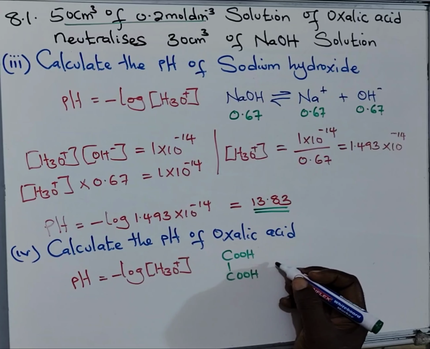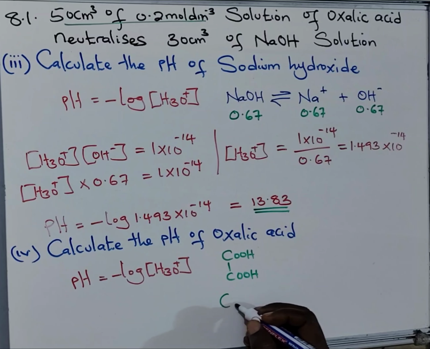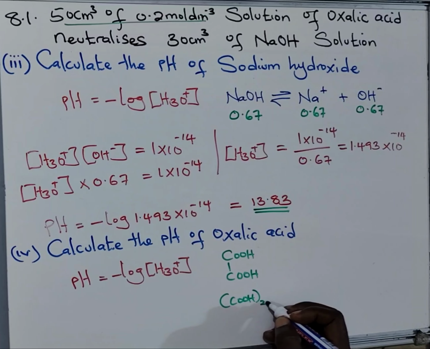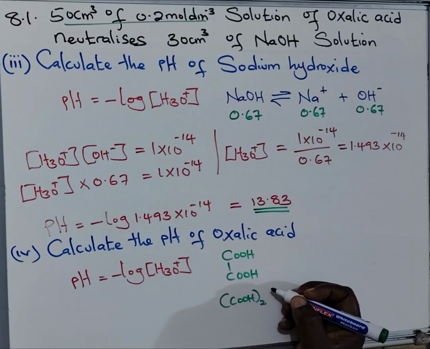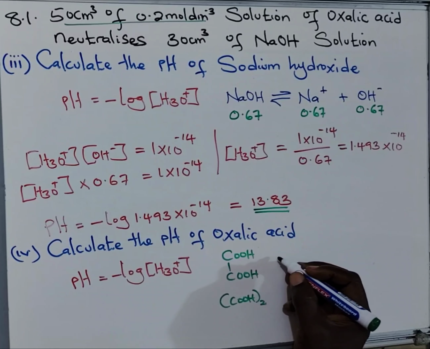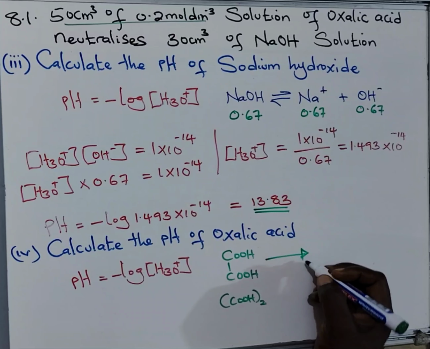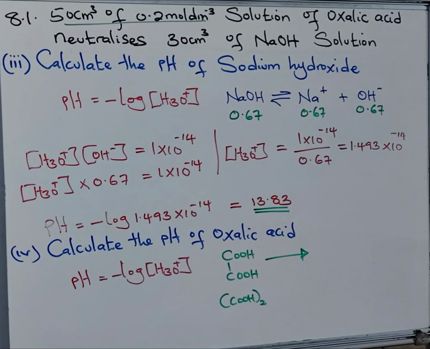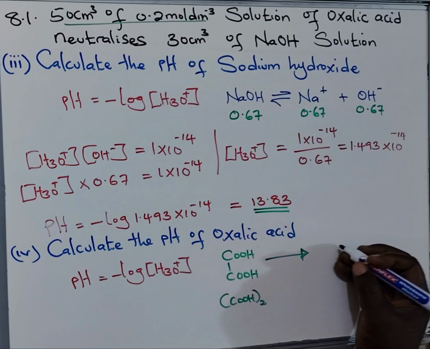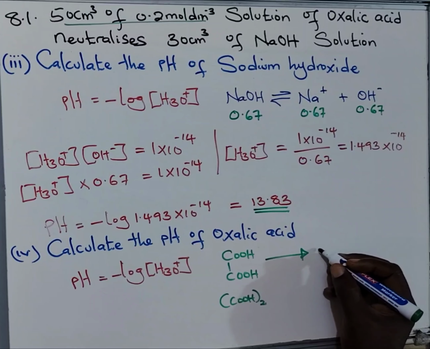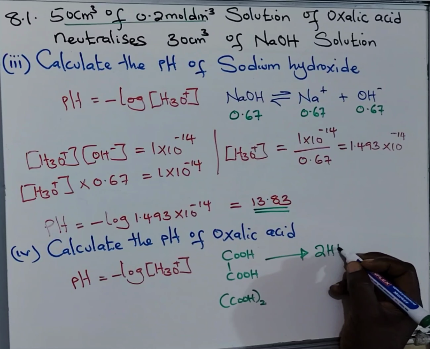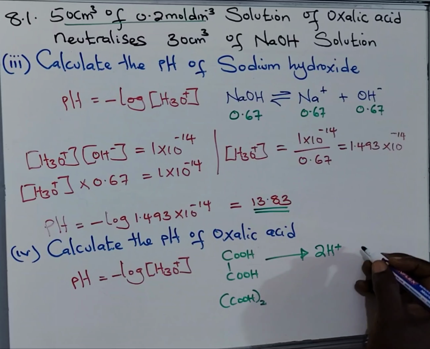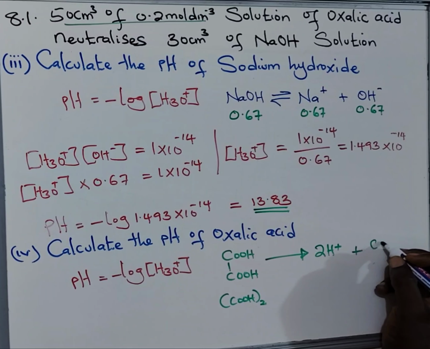This is the structure. In the exam, they're going to write it as COOH with a 2 here, but I'm going to use this one. If this one breaks down, I'm avoiding putting water because it will complicate it. So if this one breaks down, this is what you're going to get. You're going to get 2 hydrogen ions, then plus that.